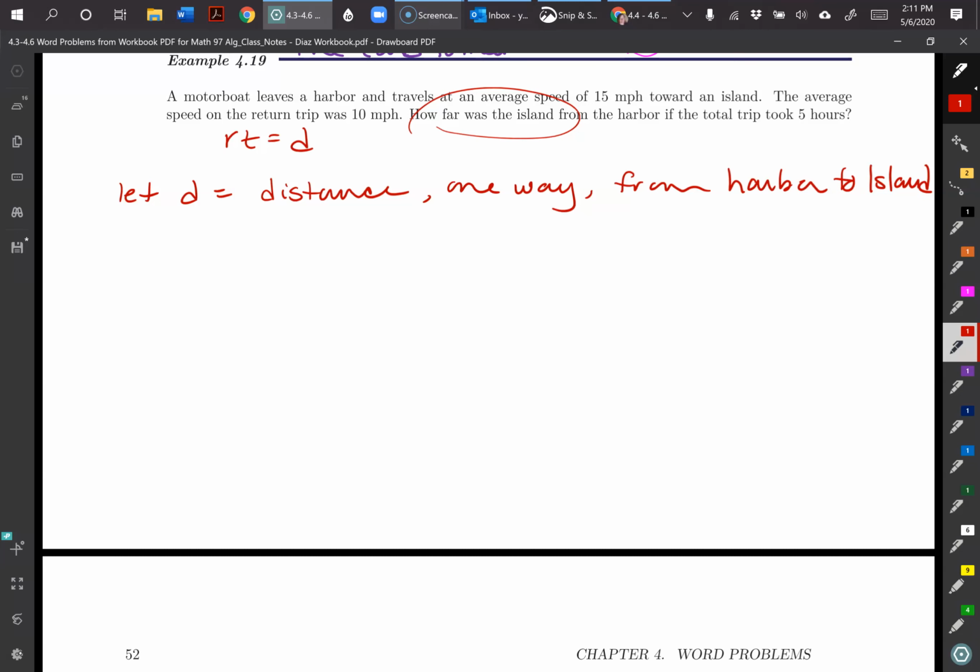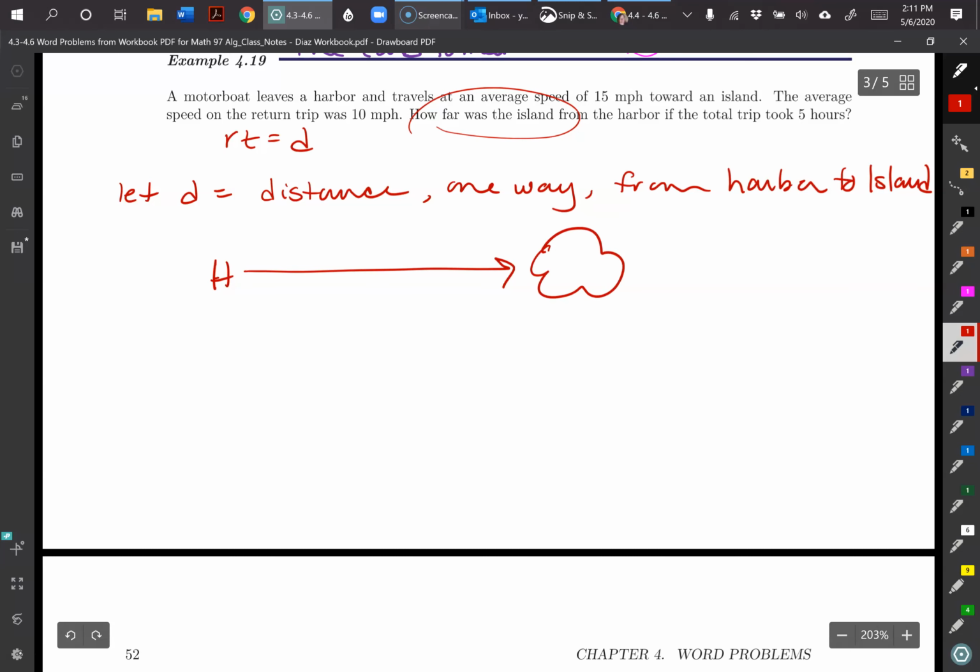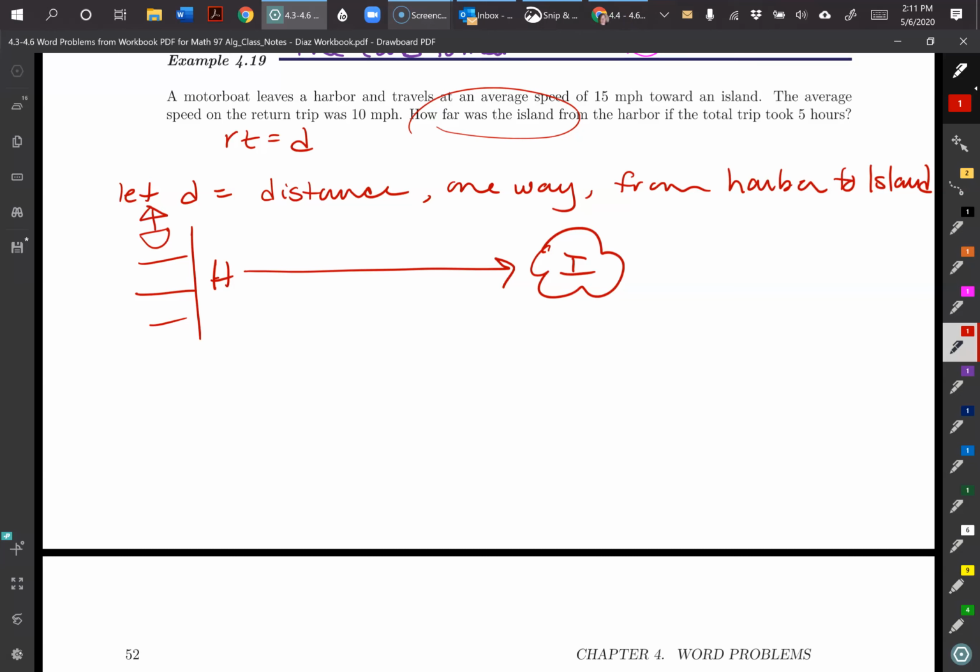So we don't know that. We do know that from the harbor, I'll call that H, to the island. Okay, and here's our harbor, has like some docks on there. Maybe here's my sailboat, which does not go 15 miles per hour.